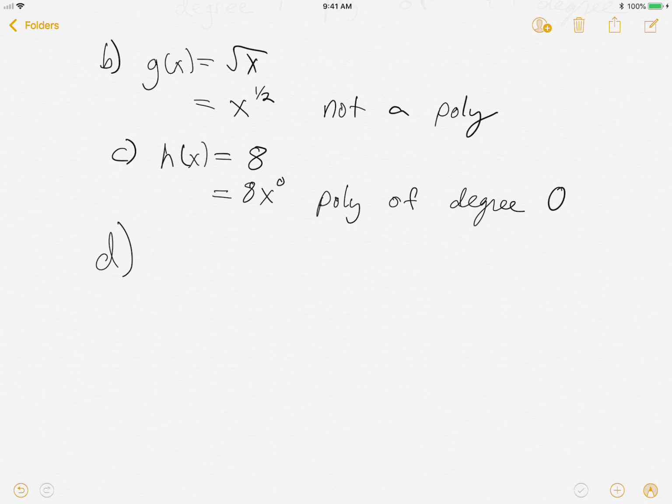Last example. Is this a polynomial, and what's its degree? Well, right now it doesn't really look like standard form of a polynomial, but can we rewrite it to be standard form? We can.